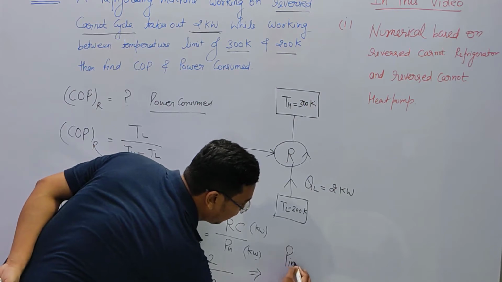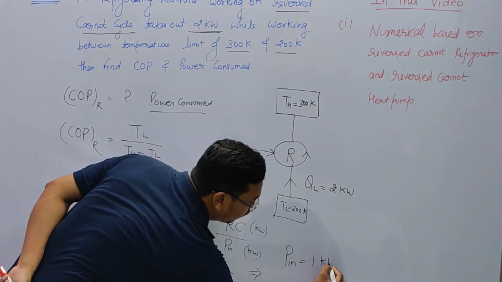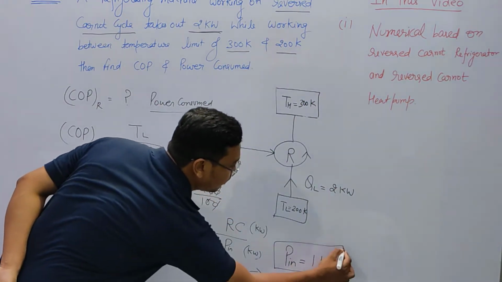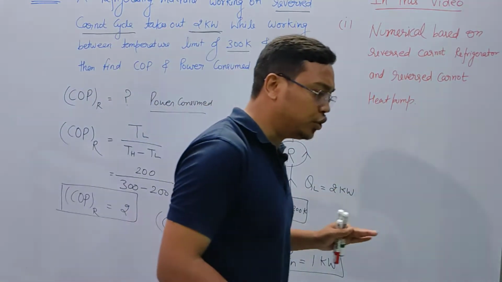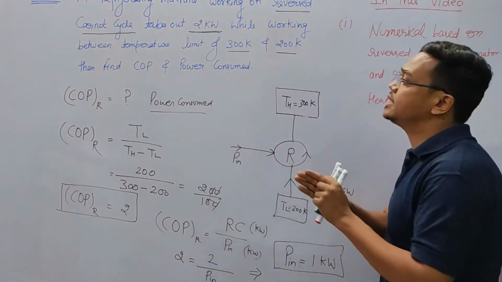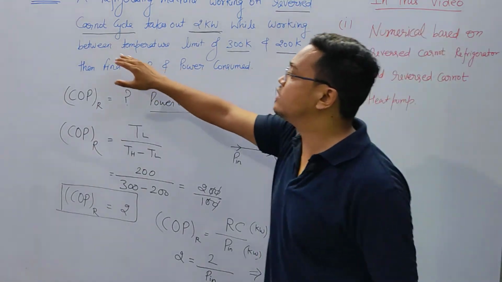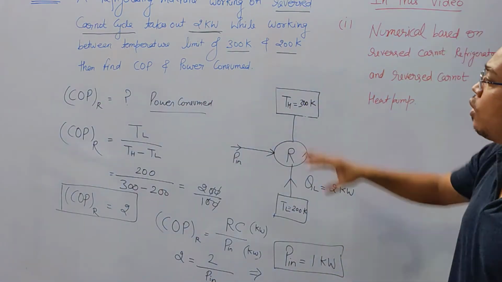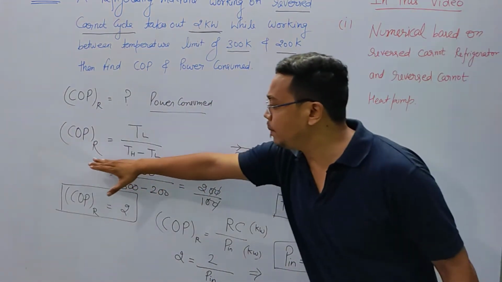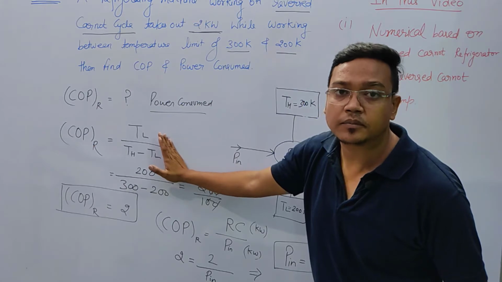Power input will be 1 kilowatt. Okay friends, in this question you have to just remember that this refrigerating machine is working in a Carnot cycle, reverse Carnot cycle. So we have calculated COP by this formula.